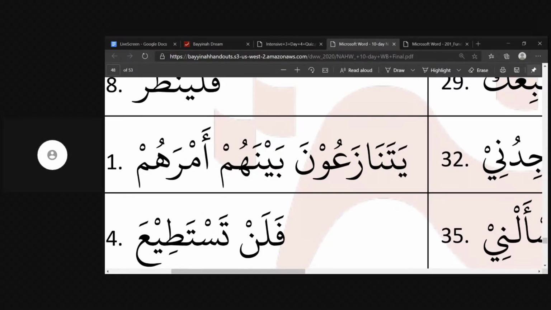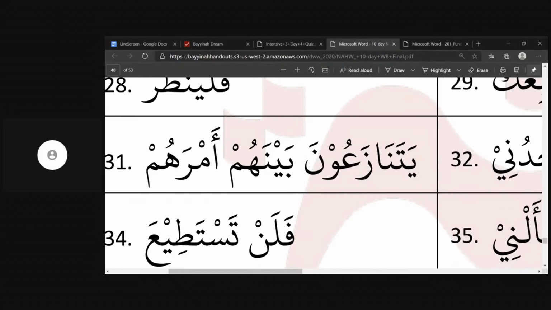It means "they." So because we see the una at the end, we already know this is normal. If this was light or lightest, it would be yatanaza'u. The noon would have been removed. The noon is still here, so we know this is normal.